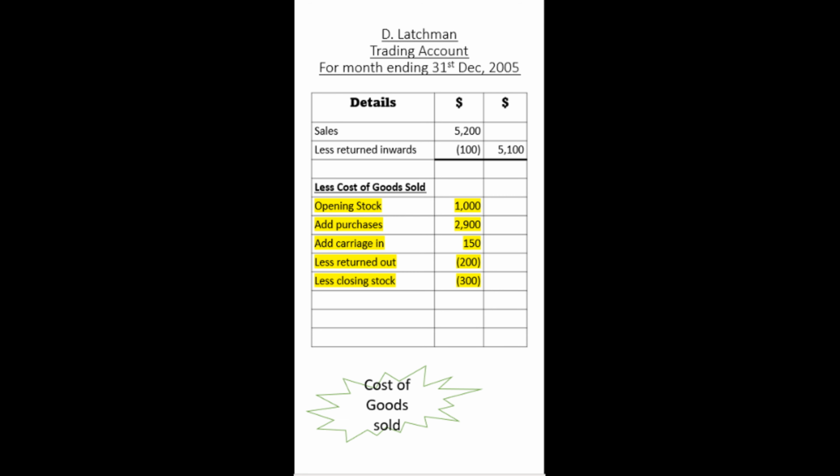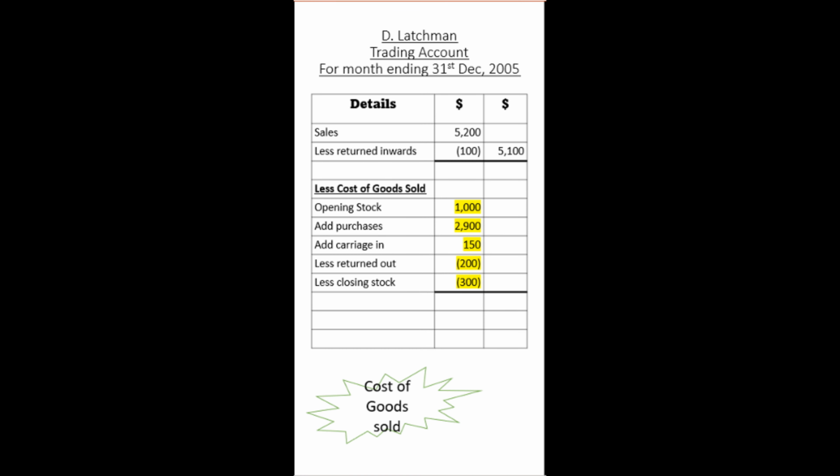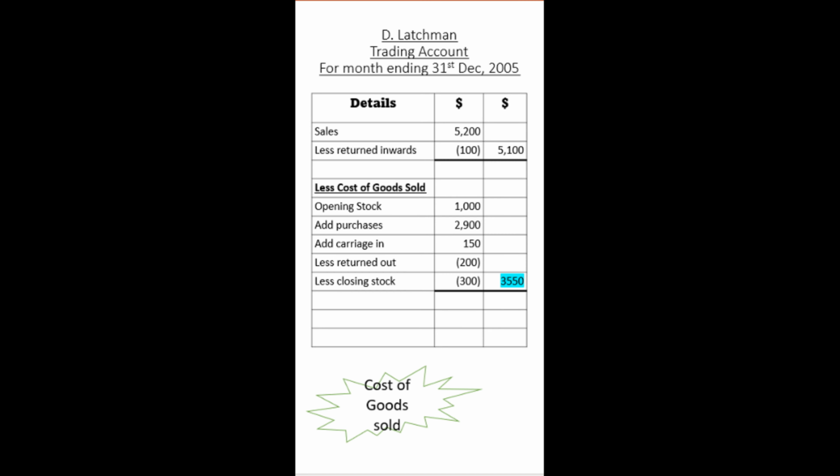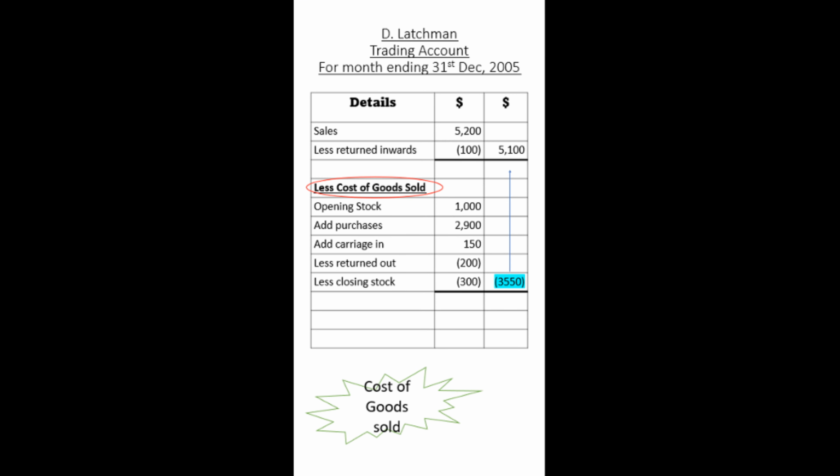Carriage inward is $150, and we have to minus 200 for return outwards and 300 for closing stock. So we have to now tally these numbers, and when we tally that, we will end up with $3,550.